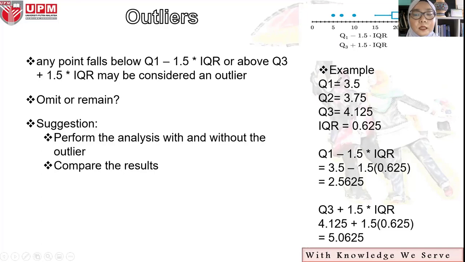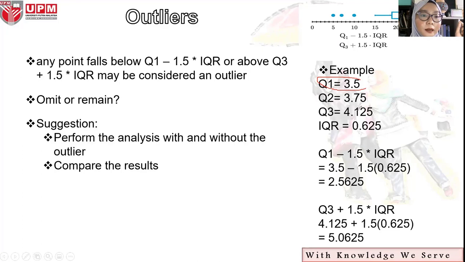For example, our first quartile, Q1, is 3.5. You can get this from our data set using the frequency analysis function. Quartile 1 is 3.5, quartile 2 is 3.75 and quartile 3 is 4.125.